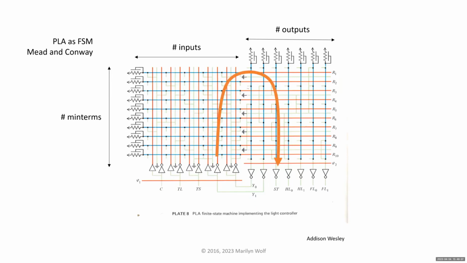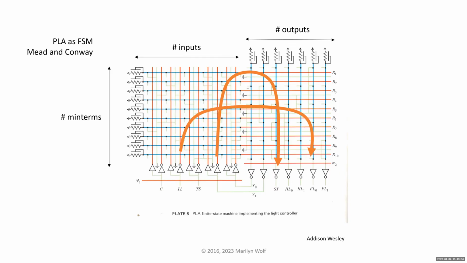Another nice property of these PLAs is that delay from input to output is pretty similar. Depending on the average, you can use a single value for delay that's good enough for a lot of purposes. Okay, so it's a nice regular structure, gives us nice regular properties, not just in physical size, but also in properties like delay.